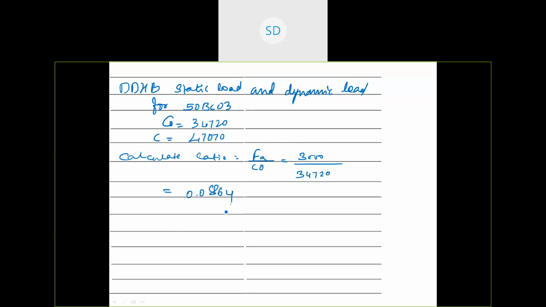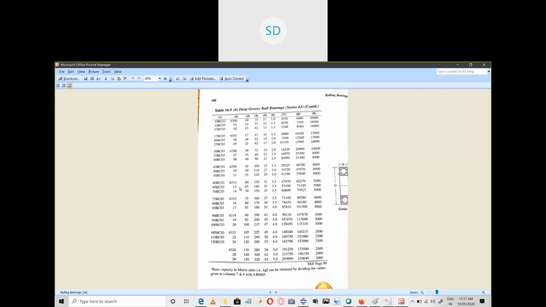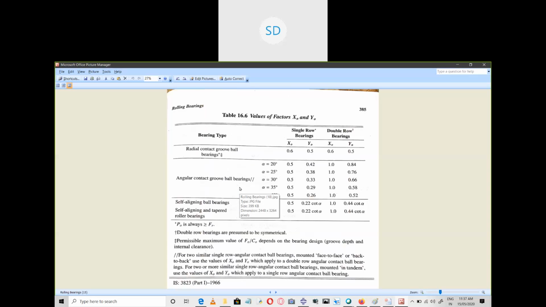That gives 0.0864. Right. Now compare this for the value of e. Now it's 0.0864. Let us go for table number 16.3 again.